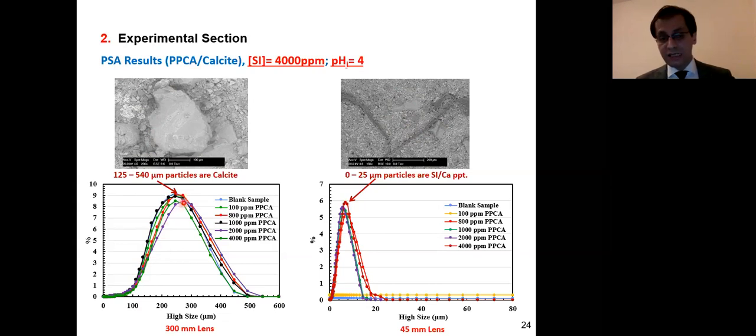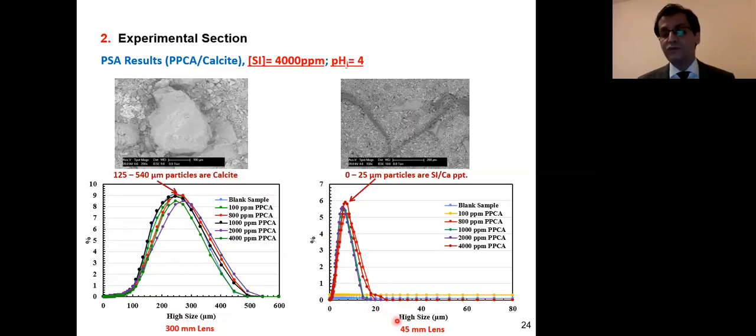In particle size analysis, we need to use two different types of lens to look at the big grains and the fine grains. In the 300 millimeter lens, there is a good agreement for the big calcite grains.